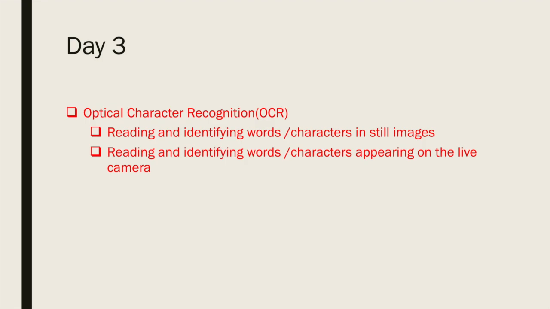Then, we explored how it can be applied to read not only still images but also words appearing on the live camera. Through these tasks, we learned about how to improve the performance of the OCR application. We need a large amount of data to feed and train the computer, and monotone images or captures are better for recognition. Resizing the target image can also be a choice to enhance performance.